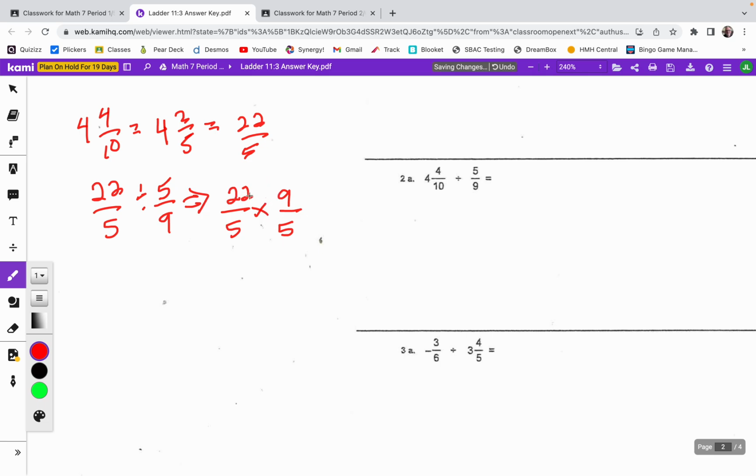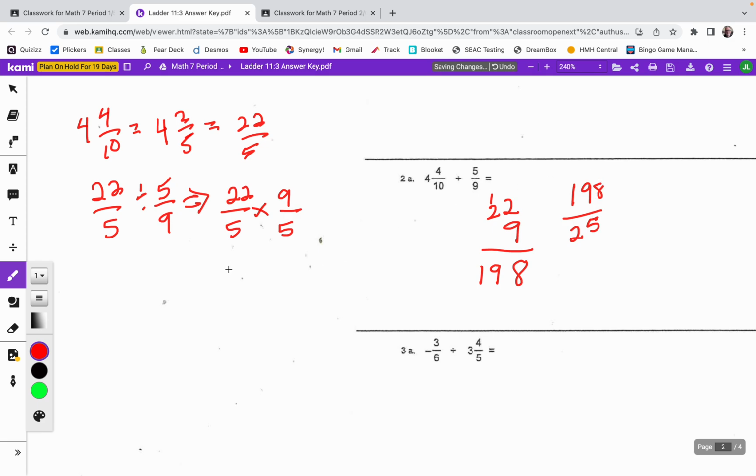And I can't pre-simplify anything here, so we'll just do 9 times 22, and that is 198. 5 times 5 is 25. So we've got 1, and the answer is going to be positive, 198 25ths.